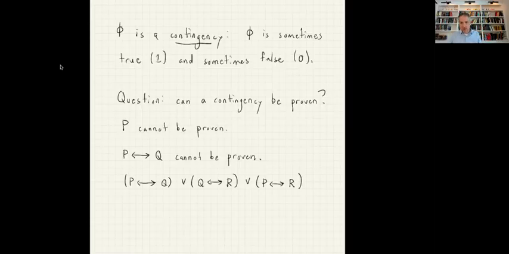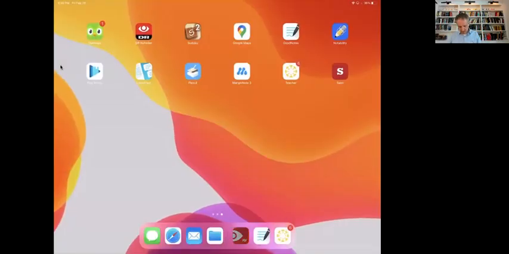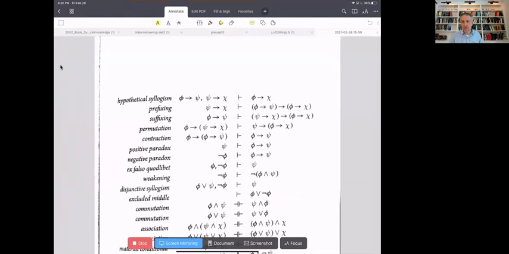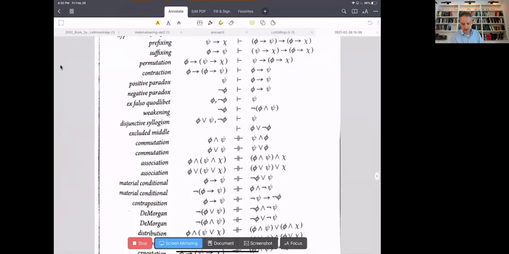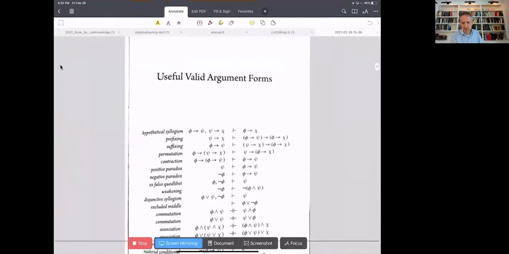Let me give you a little hint here. If you look in the back of the textbook, the author very wisely prepared a list of useful valid argument forms. These are things that you can prove using the basic rules and things that are very useful for proving other things.